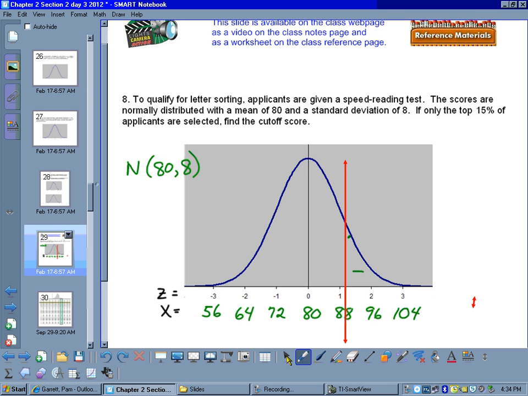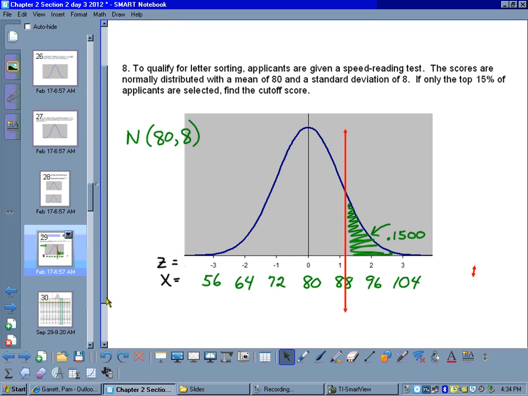So in fact, I am looking for this area, and I know that that area is equal to 0.1500, and I'm going to put 2 zeros over it because we in fact will be looking inside the table and then to the outside of the table to find the z-score. That's one of the ways that this is a problem in reverse.